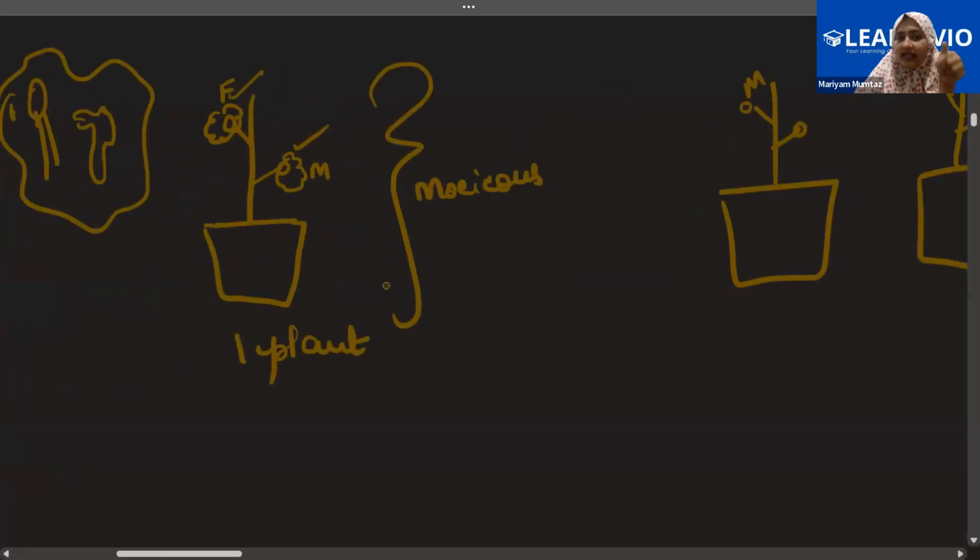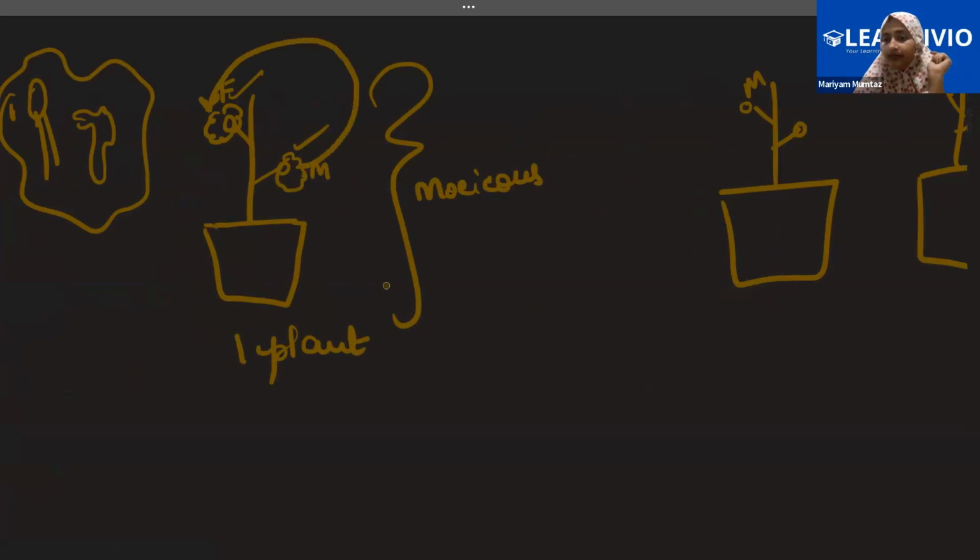Now, in this case, if this is the male and that is the female, the pollen will be transferred from the male to the female. So, is it preventing autogamy? Yes, 100%. It is preventing autogamy because the pollens are being transferred from one flower to another flower.